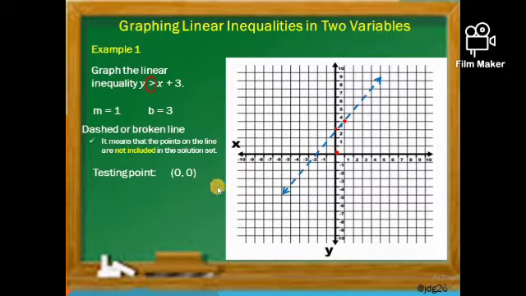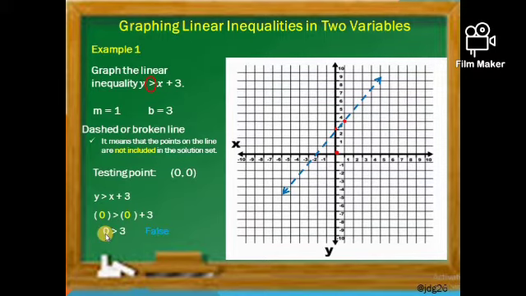So, isa-substitute natin ang point na 0, 0 dun sa original na given, which is y is greater than x plus 3. So, yung y palitan natin ng 0 at yung x ay palitan natin ng 0 and then simplify. So, we have now 0 is greater than 3. Is this true? It is false.